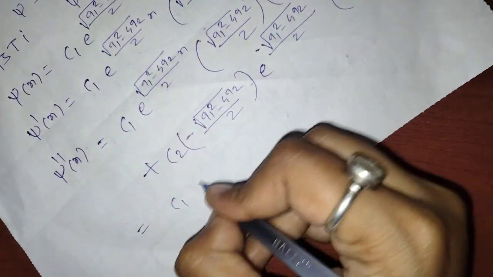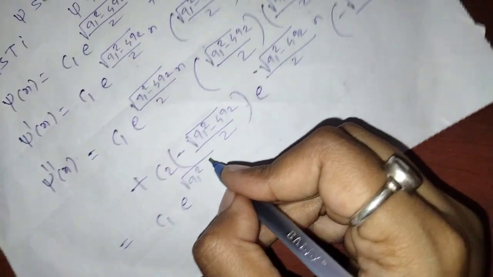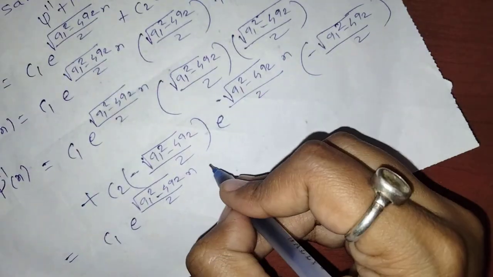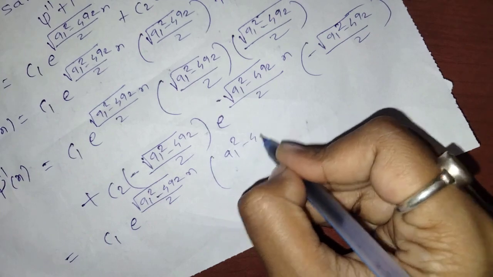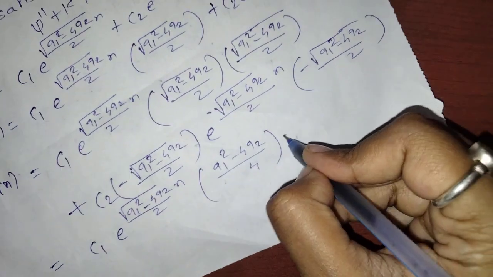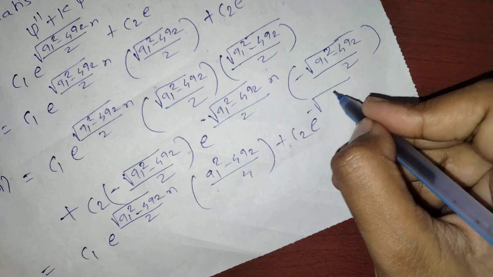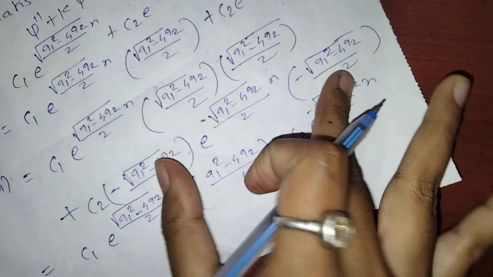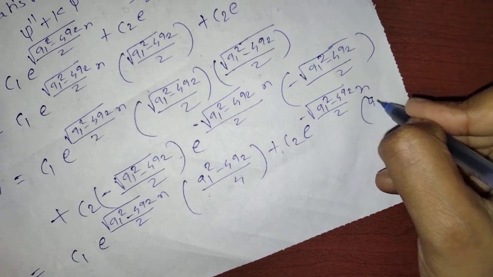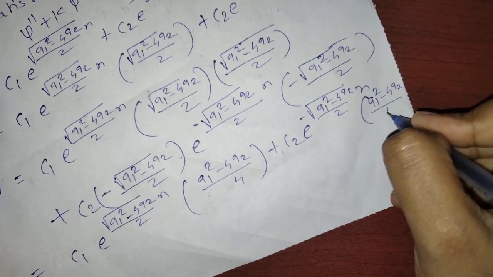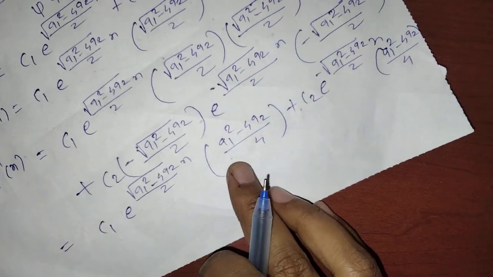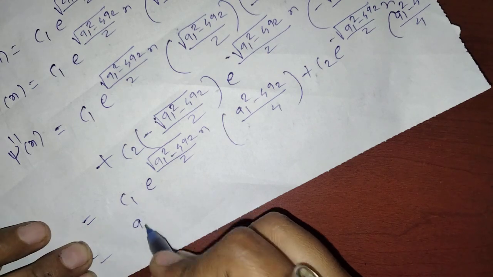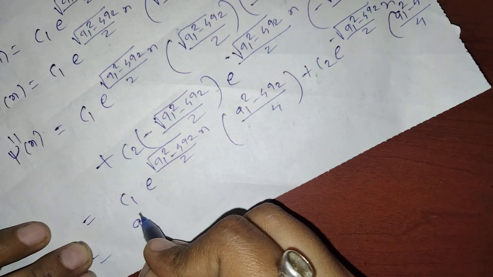That equals c1 e raised to under root a1 square minus 4a2 upon 2x, multiplication of these two gives a1 square minus 4a2 upon 4, plus c2 e raised to minus under root a1 square minus 4a2 upon 2x, and multiplication of these two gives a1 square minus 4a2 upon 4. Take a1 square minus 4a2 upon 4 common.